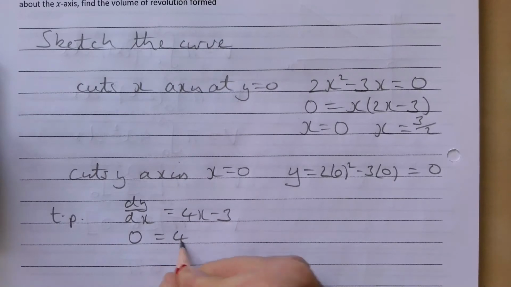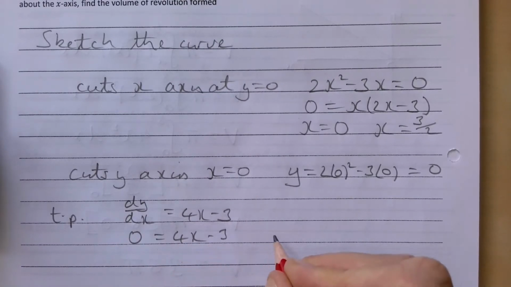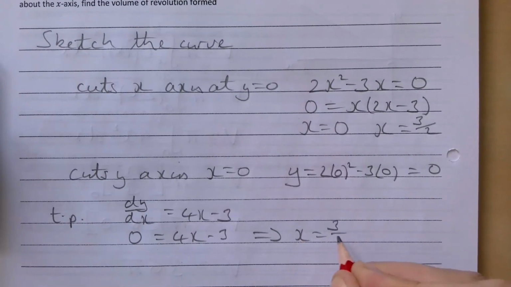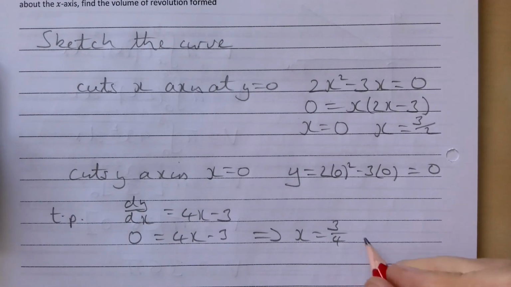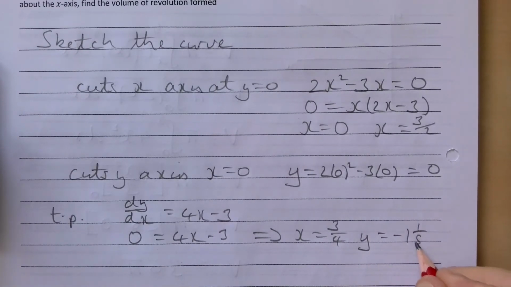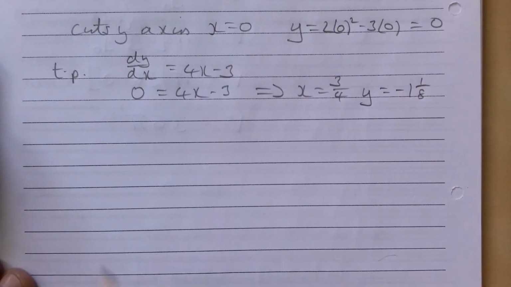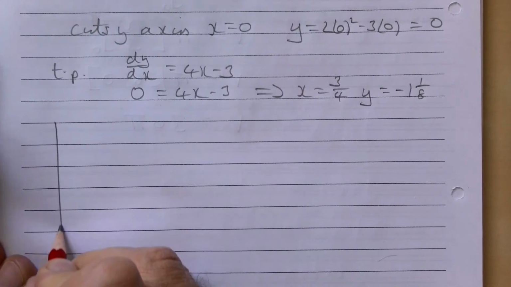It gives us an x coordinate of 3/4. If you substitute 3/4 back into the original function, it gives you minus 1 1/8. So we have an idea about what it is we're actually rotating around, so we can see where we're going with it.